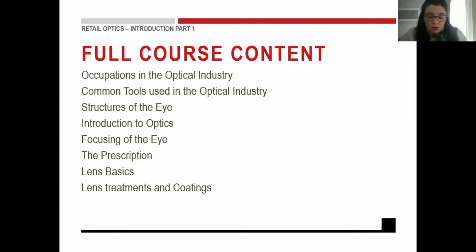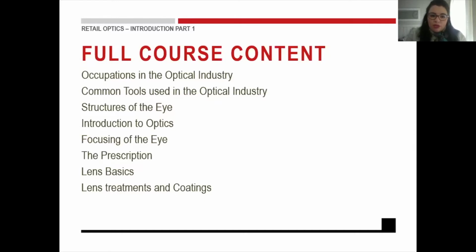The complete course, consisting of 4 modules, will include the following information. We're going to talk about occupations in the optical industry. We're going to have a look at common tools and instruments that you will find in an optical optometry practice. We're going to look at structures of the eye, so we're going to do a bit of anatomy.